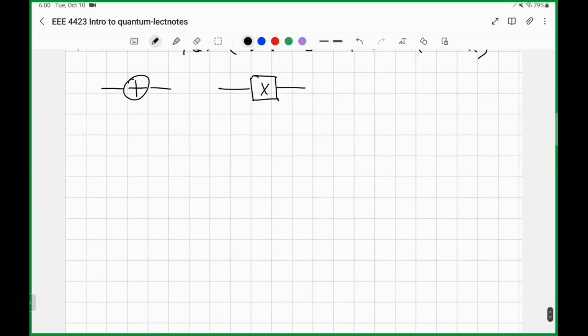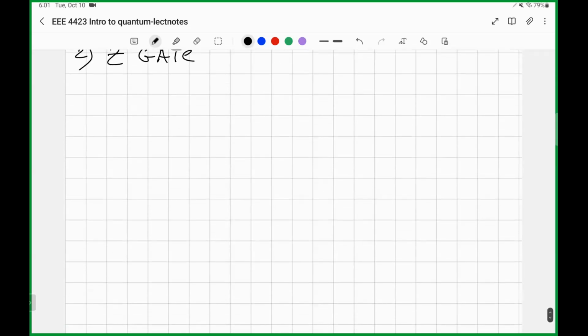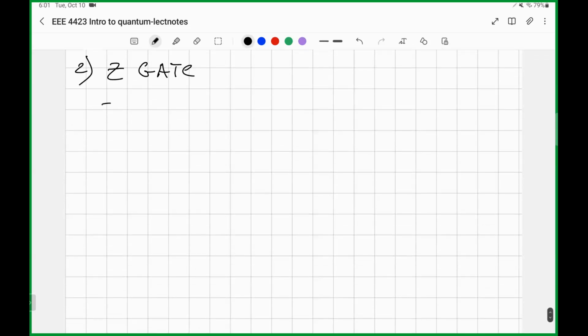So the second gate is the Z gate. Z gate is also known as sigma Z gate or Pauli Z gate. Again, that's because different platforms and different books use different representations.